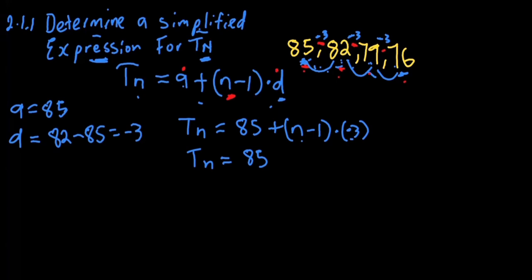Negative 3 times n gives negative 3n, and negative 3 times negative 1 gives a positive 3.